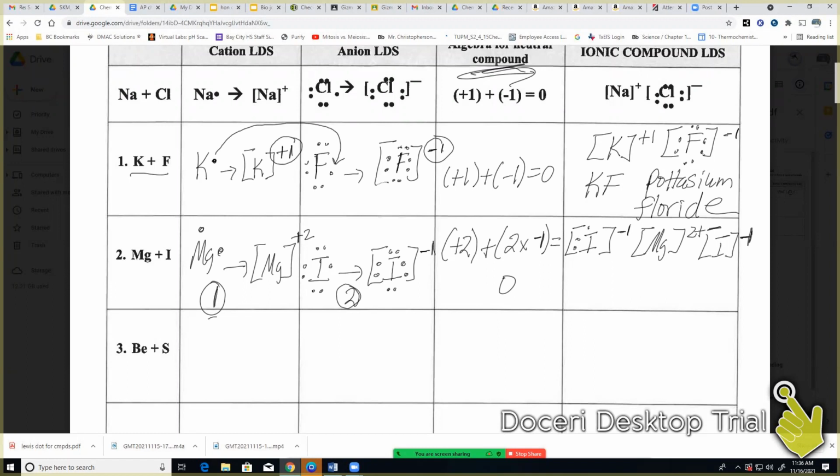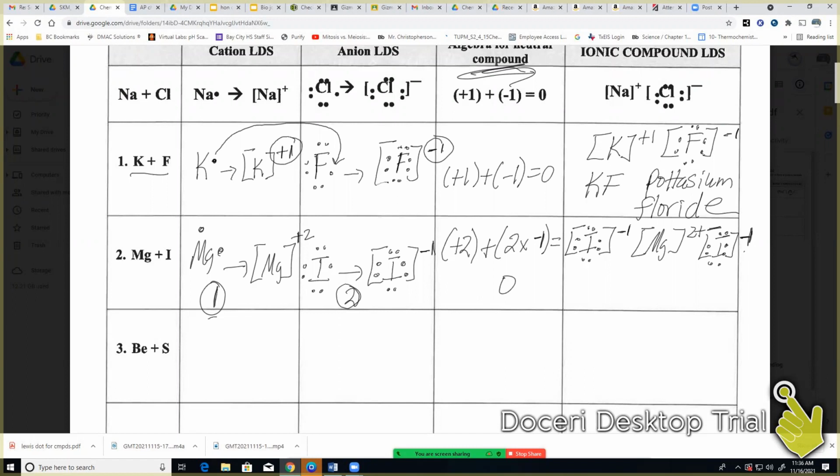And then I need to come back and put my dots around these. This is not the only way that it can be drawn. It can be drawn some other ways as long as you don't have the 2 iodides piled up together. So now if I look, I have a -1 and a -1 for a total of -2. So it cancels out with my +2 and it's neutral overall.